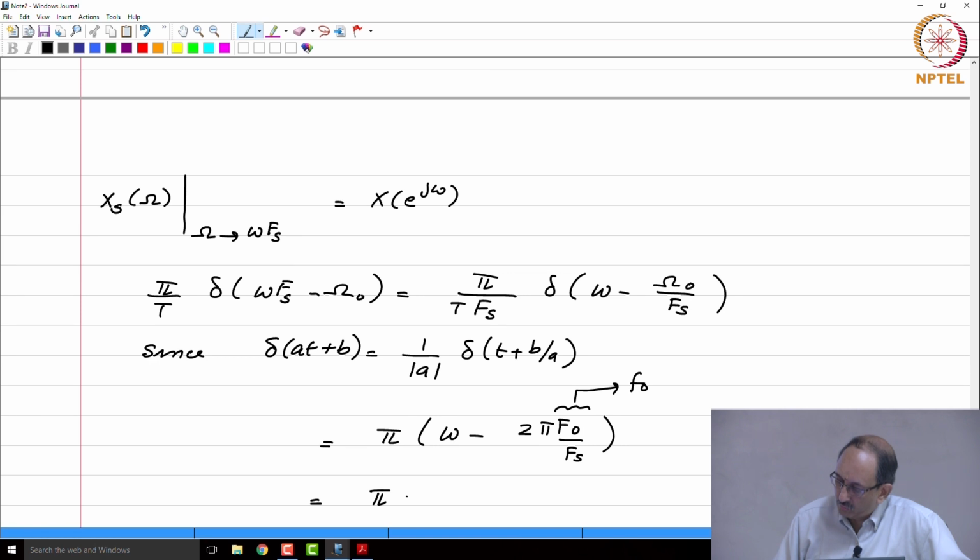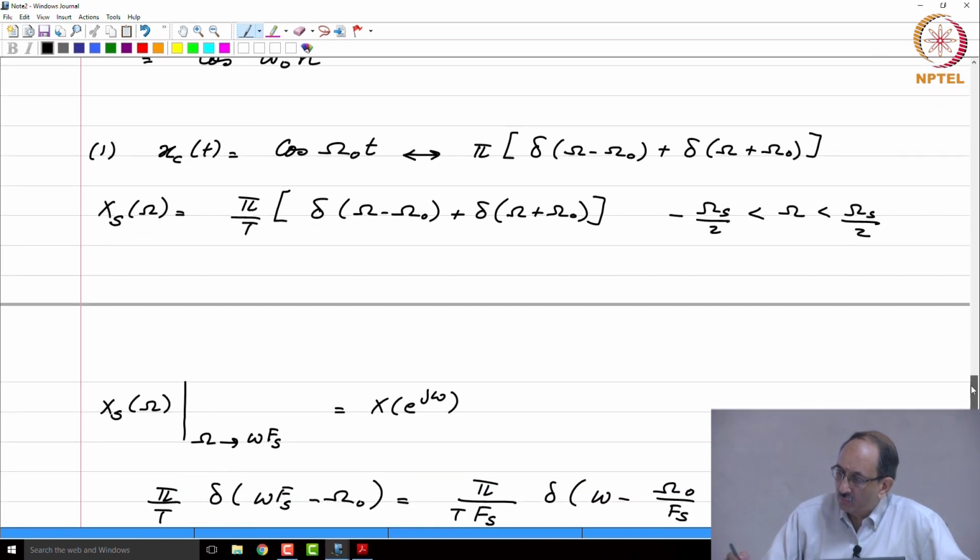Therefore, this simplifies to pi times delta omega minus omega naught, and this should correspond to the samples taken cap T apart.